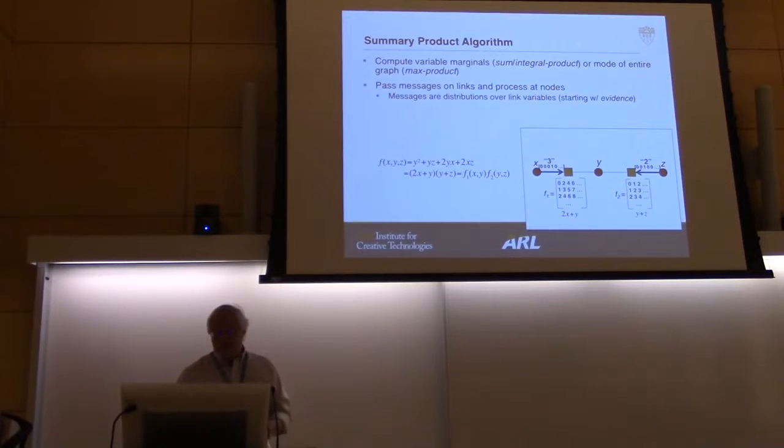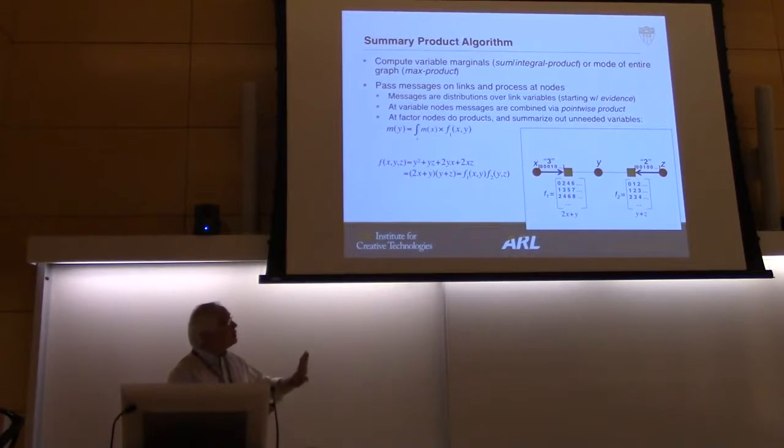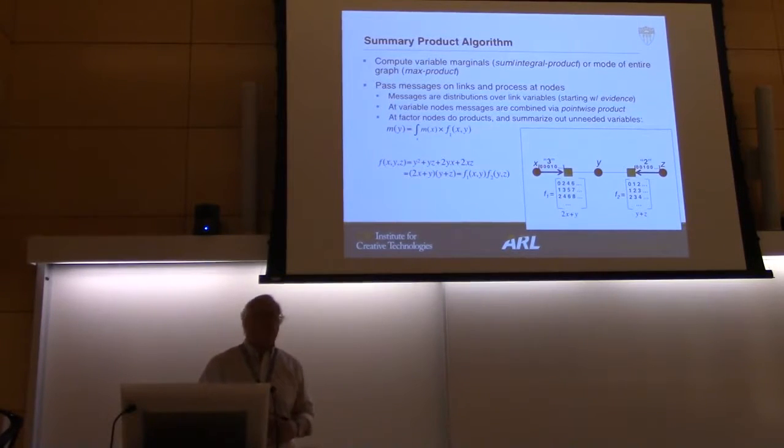So what we do is we pass messages along the links. Those messages always have the semantics of being distributions over the variables on the link. So messages in either direction on this link are about x, either direction on this or this link are about y, on this link they're about z. Then at variable nodes, we're going to compute the product of the messages. It's called a pointwise product. And at factor nodes, we're going to multiply times the factor and multiply all the messages together, and then we'll summarize all of the messages not needed.